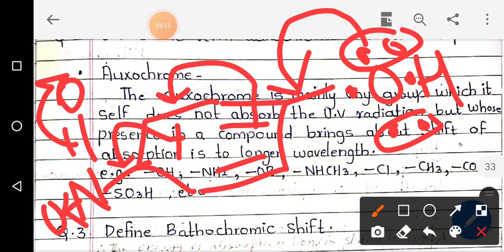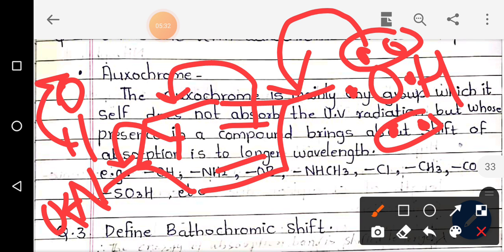So these resonating structures mean the delocalization of electrons increases in these rings. As the oxochromic groups and chromophoric groups are attached to the compound, they increase the resonating structures.